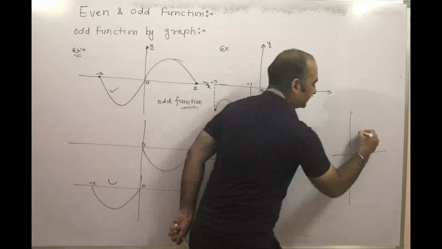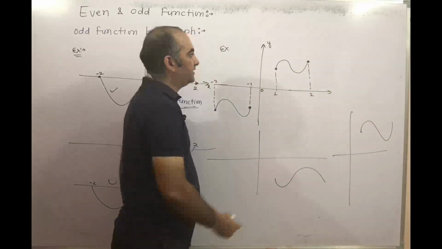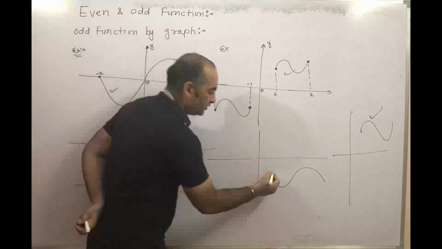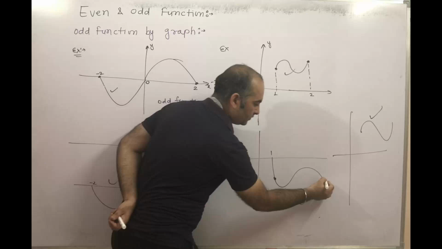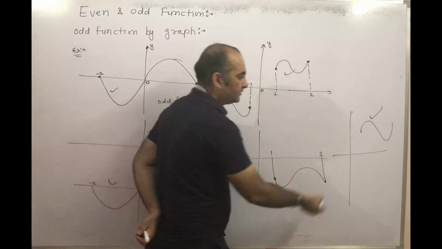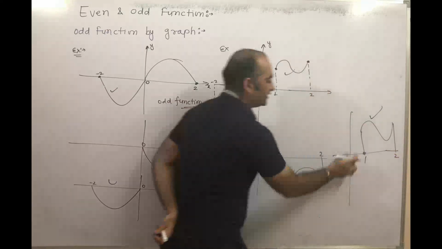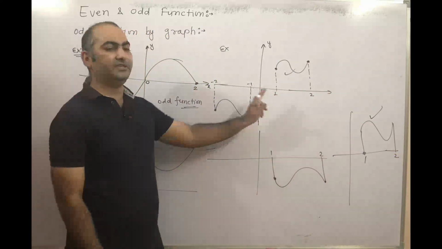Then we rotate this graph with respect to the x-axis, and this graph will come. So this graph and this graph will be coinciding. If you check the points, this point will come to 1, this point will come to 2. After rotation this point is 1 only, this point is 2. So this graph and this graph are coincident, so this function is an odd function.